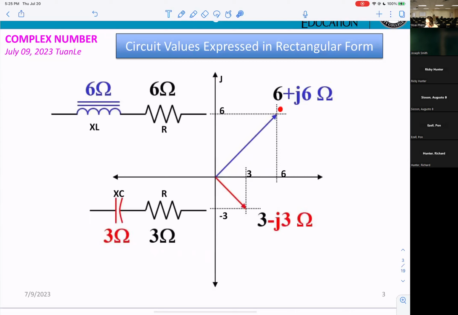If you get an angle here, you can calculate the polar. On the other one here, that will be XC 3 ohms. R will be 3 ohms. So that will be R right here. J minus 3 for capacitance. Okay. So that will be 3 minus J3.